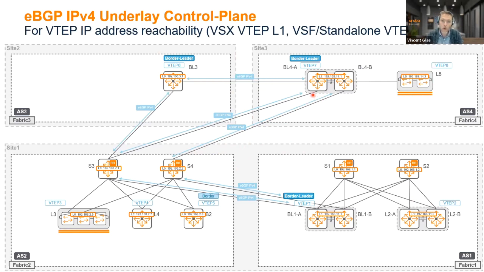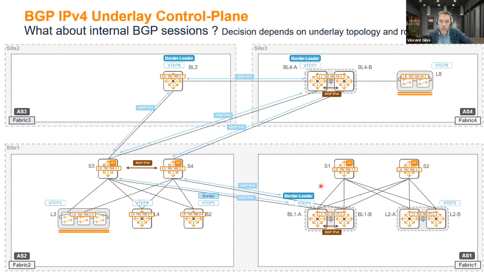So this is typically the role of those eBGP IPv4 unicast sessions that we have here, where we exchange the routing information for the loopback. That is true for loopback 1, the unicast loopback for the VSX pair, or loopback 0 for the VSF or the standalone.